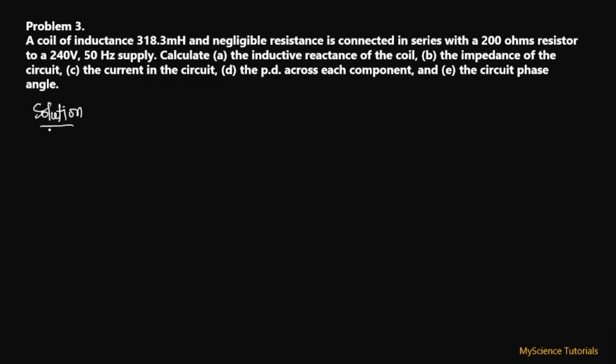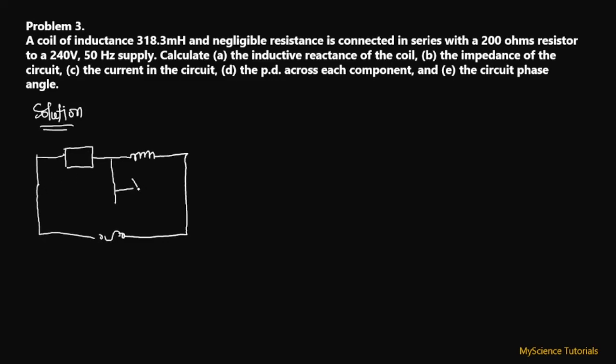For the sake of those who might not be able to visualize this, let me try and draw the circuit diagram. In the circuit, we have a resistor, we have an inductor, and then we have an AC source over here. So this is how our diagram is going to be. Over here, we don't know the potential difference across each of the components, so VR and VL we don't know.